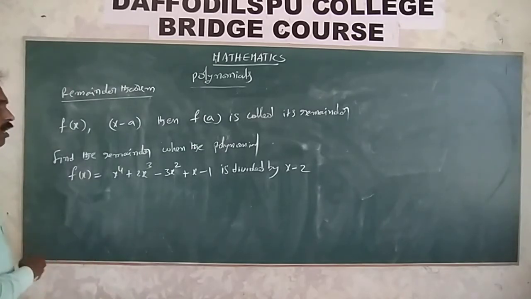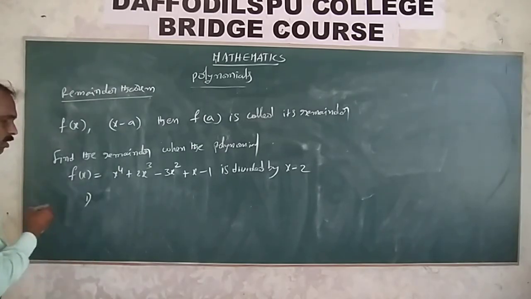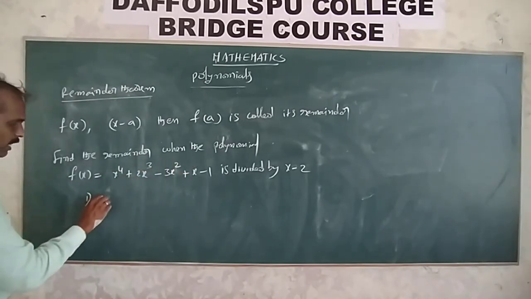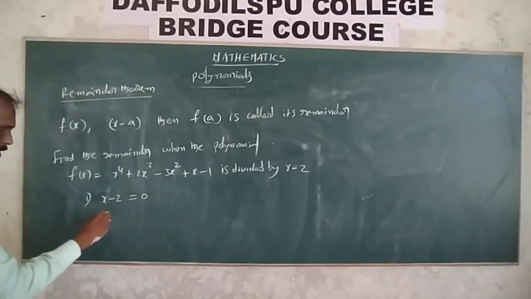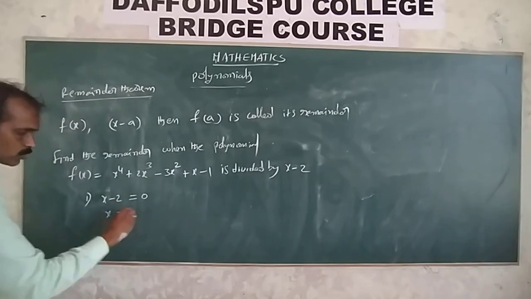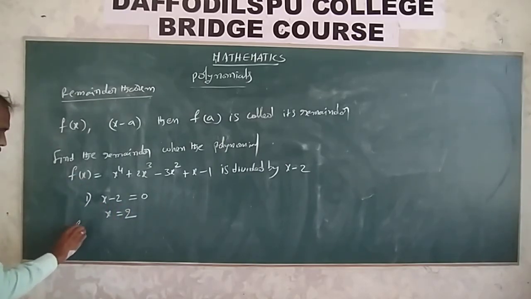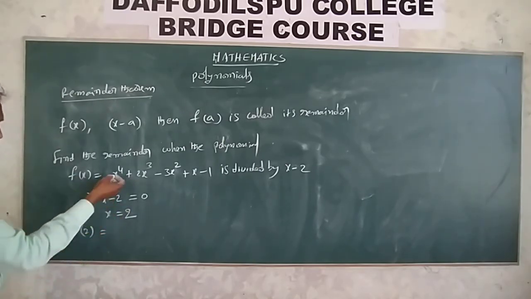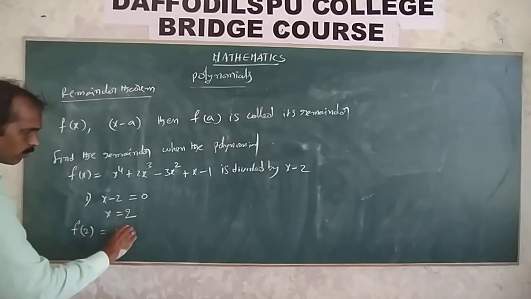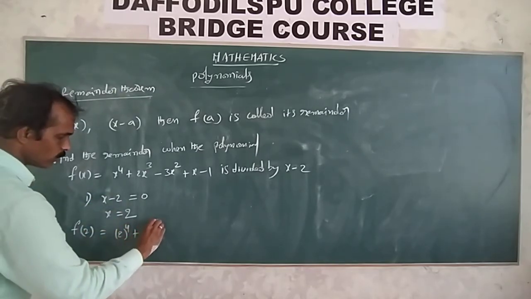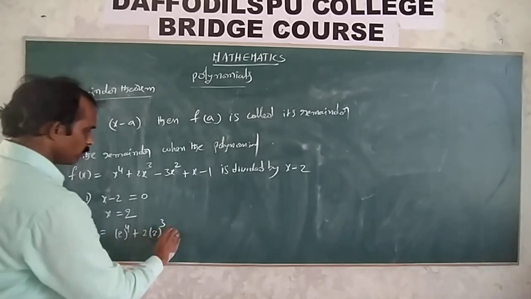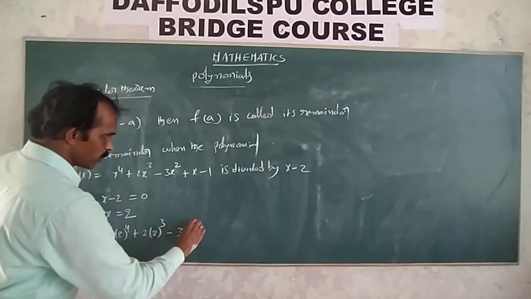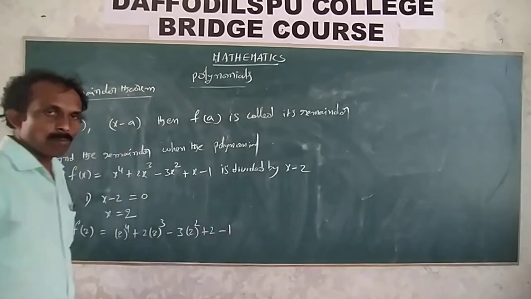In step 1, given divisor x minus 2, let it be equal to 0. From this x is equal to 2, then substitute in this one. F of 2 is equal to 2 to the power of 4 plus 2 into 2 cube minus 3 into 2 square plus 2 minus 1.